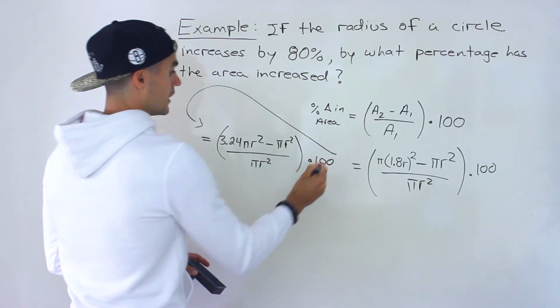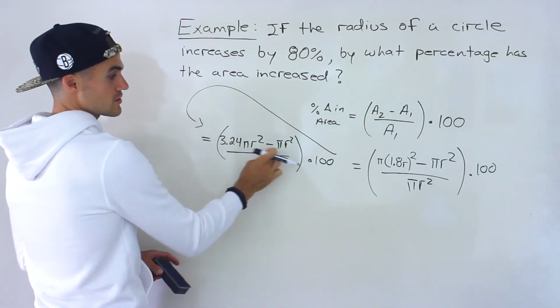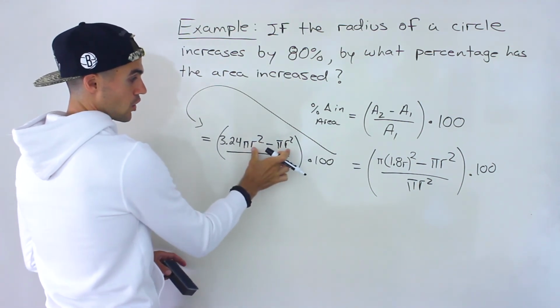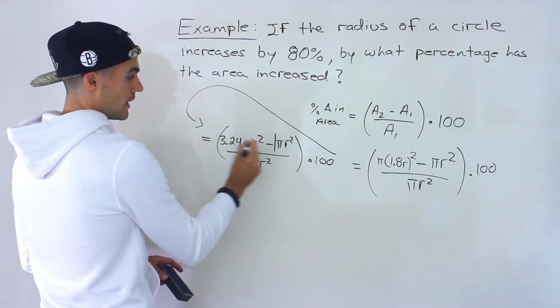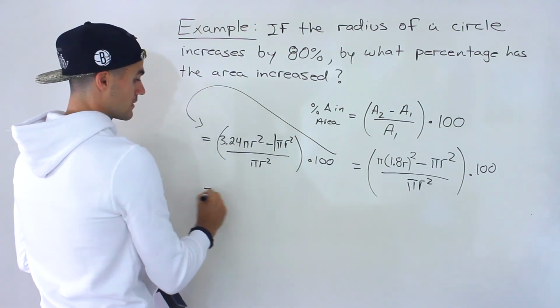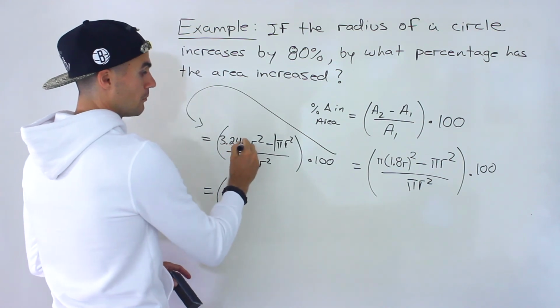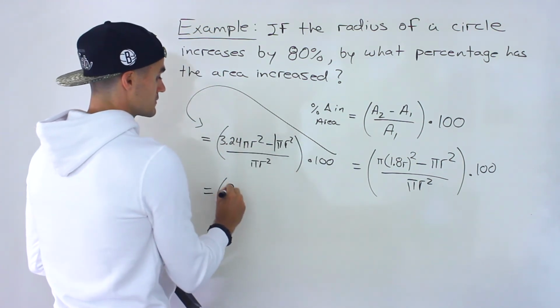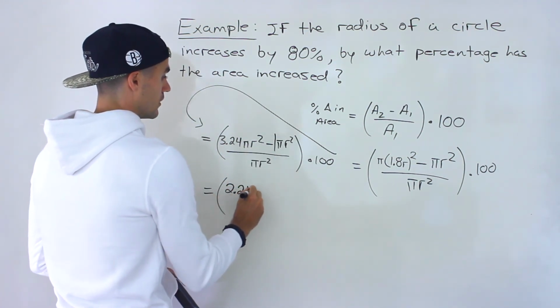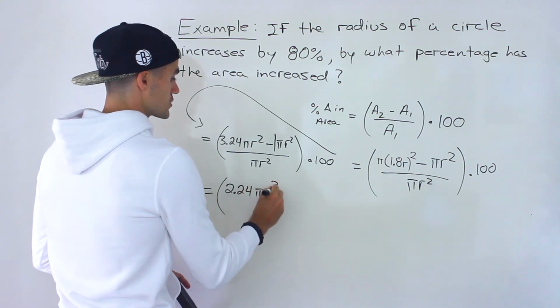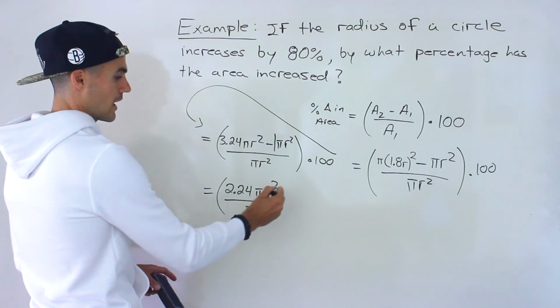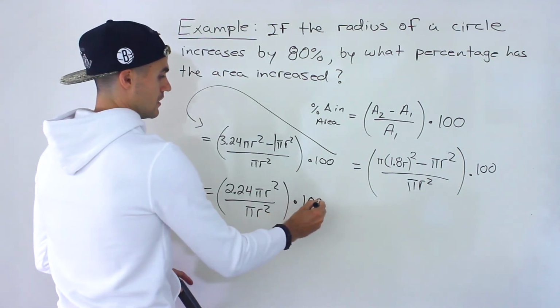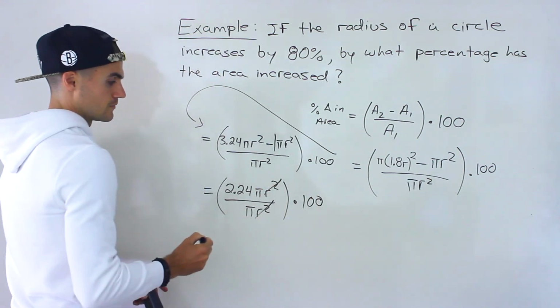multiplied by 100. Then notice these are like terms, right? Because of the r squared there, the variables are the same. There's like a 1 pi here, and a 3.24 pi there. 3.24 pi minus 1 pi gives us 2.24 pi r squared over pi r squared. And notice what happens here: the r squares cancel out.